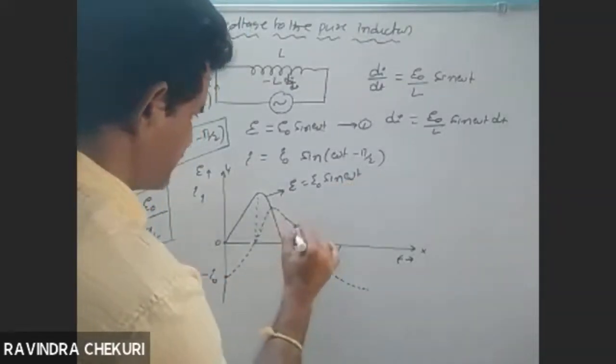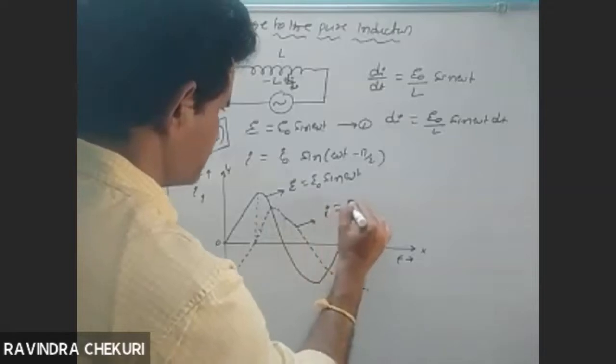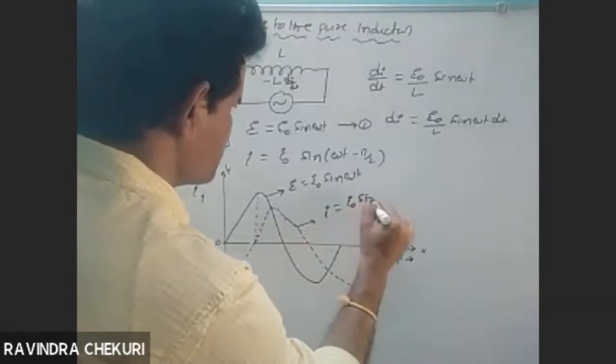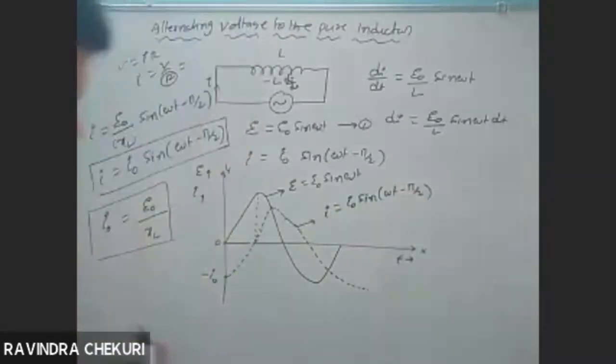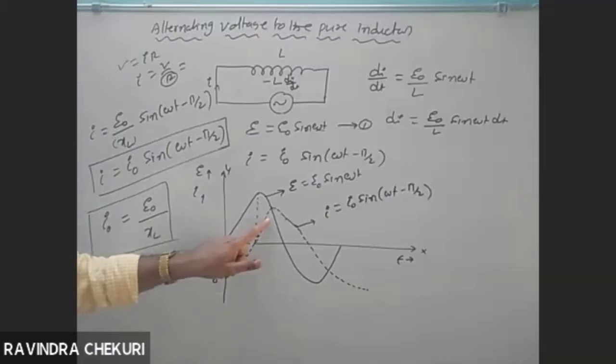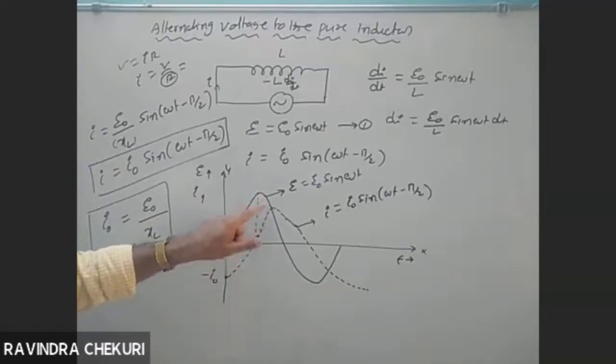This dotted line indicates I equal to I naught into sine of omega t minus pi by 2. Why is this dotted line not reaching the peak point?